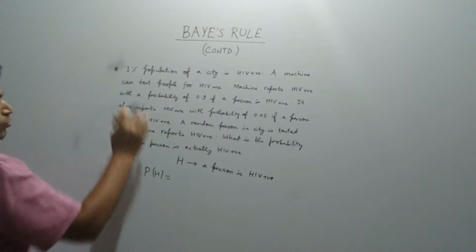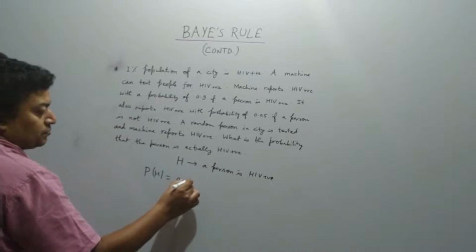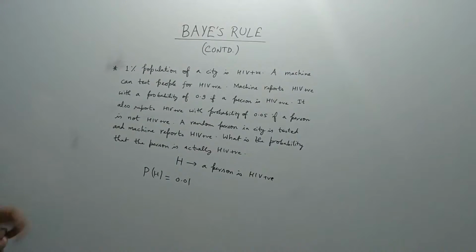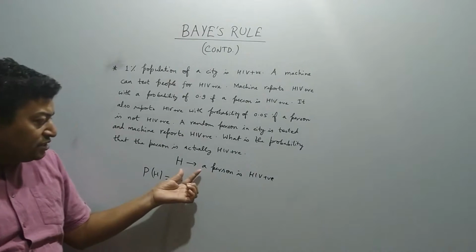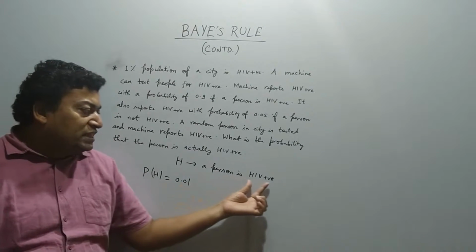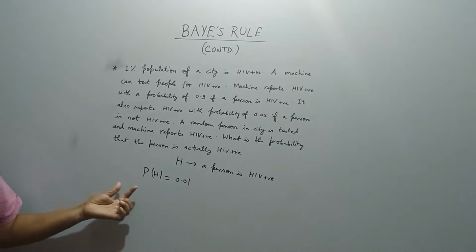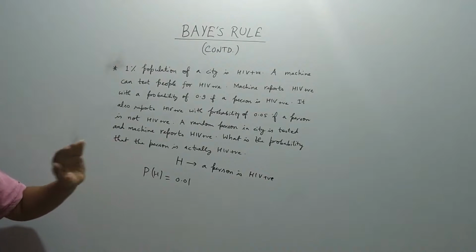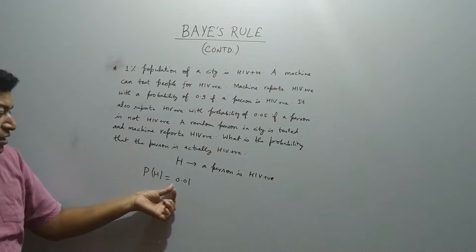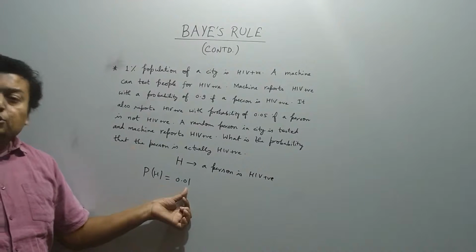P(H) will be 0.01 because 1% of population is HIV positive. That means a random person selected from the population is HIV positive with probability 0.01.